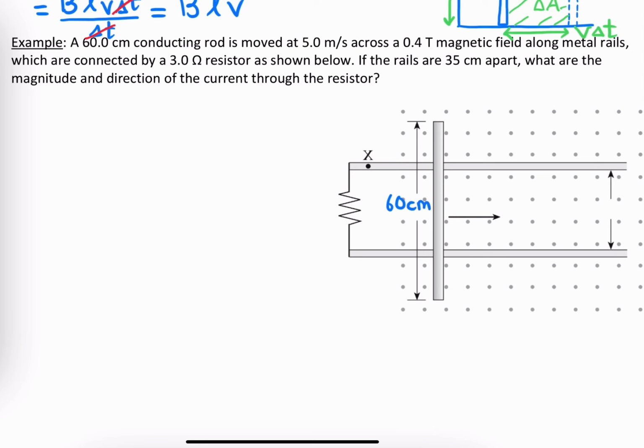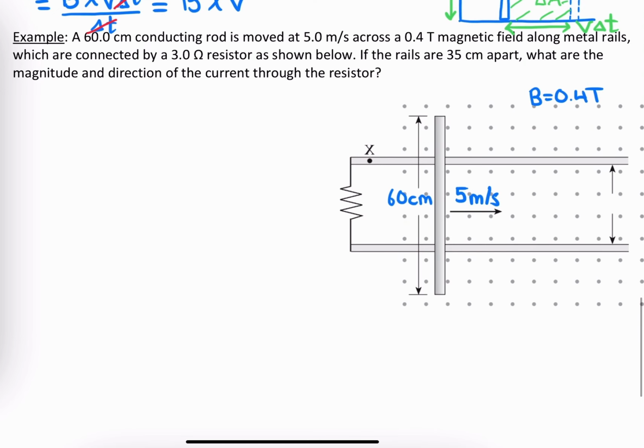And it's being moved at 5 meters per second across a magnetic field that has a strength of 0.4 Teslas, along metal rails which are connected by a 3 ohm resistor, as shown below.